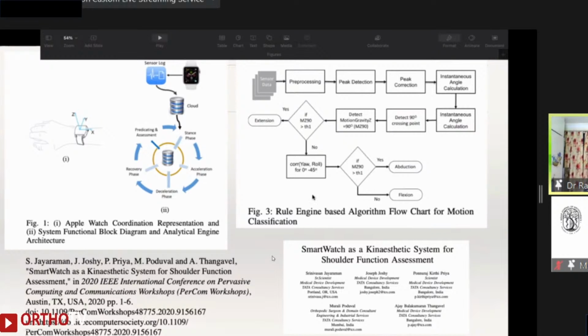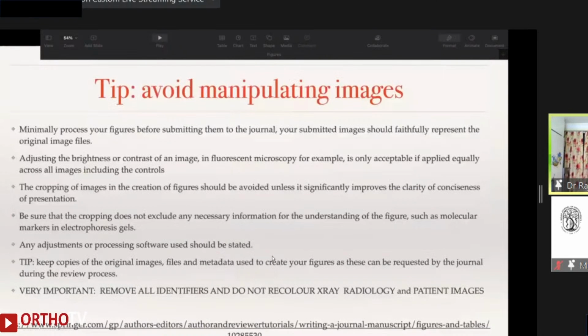A flow chart here is describing the algorithm flow, which describes exactly how the signals are processed, and one gets a classification of that particular motion. So this is the way that one can use a schematic or a flow chart or a table and a data plot within the same paper to bring value to that paper.